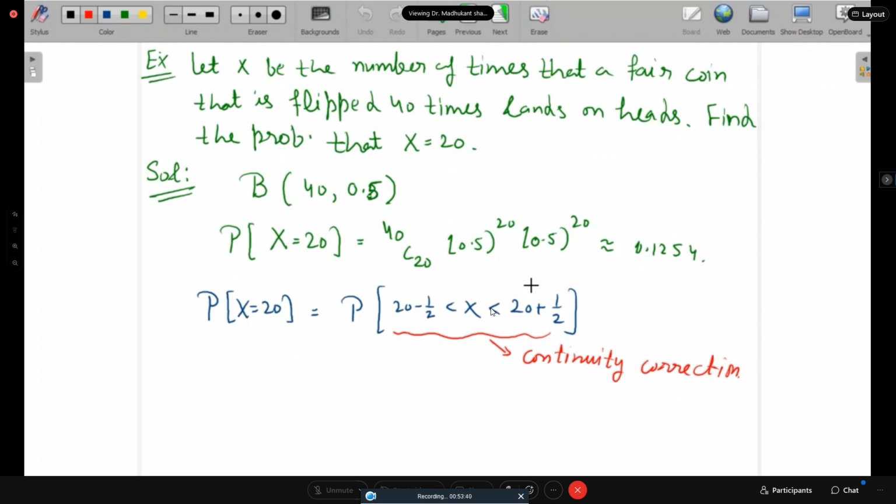If you read this statement: let X be the number of times that a fair coin flipped 40 times lands on head. Find the probability that X equals 20. Every time you are doing a Bernoulli trial, and getting head is a success, getting tail is a failure. Getting head has probability 0.5, since we are taking an unbiased coin.